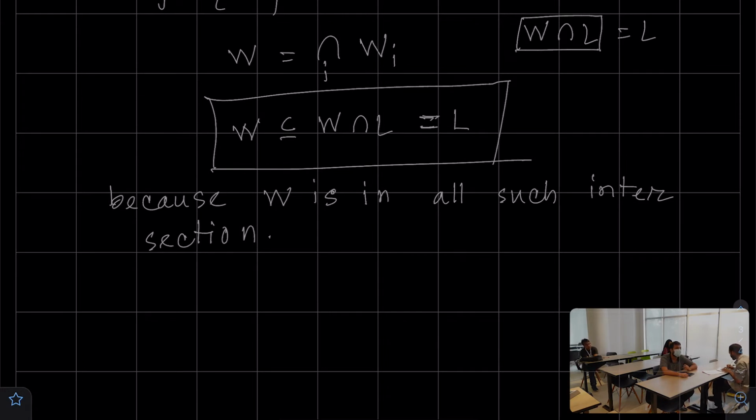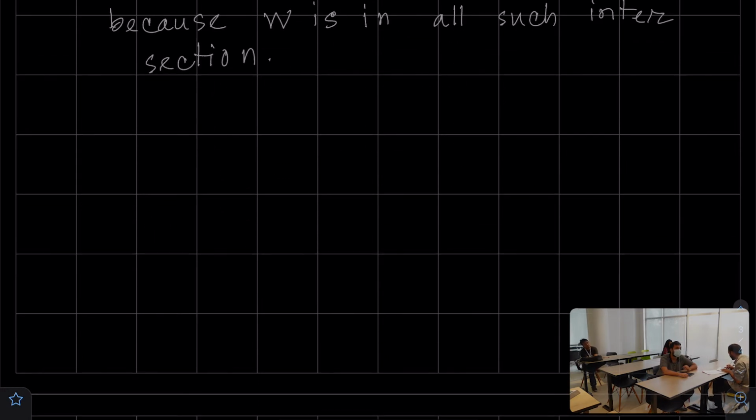Just consider this: if I take W1 and W2, and L contains S, then since W is the smallest, W is contained in it, because L also contains S. From that argument it follows that W is equal to L.